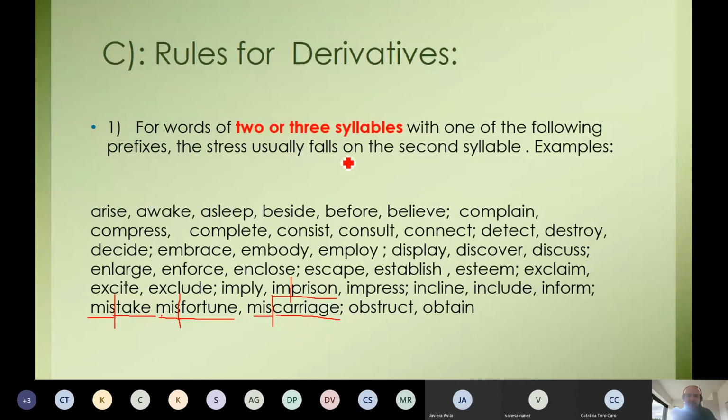So usually the stress falls on the second syllable, or another way to say it, the prefix does not attract the stress, so the same syllable that was stressed in the root originally keeps it. I don't know if this is clear. Is this clear or not?